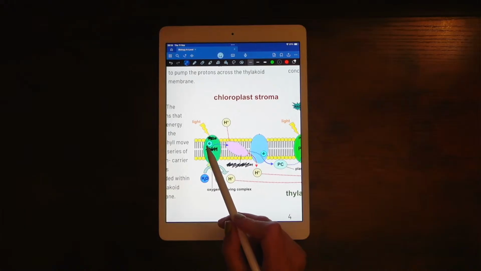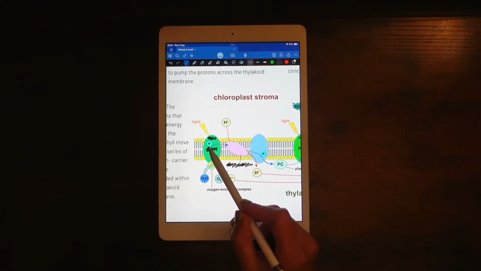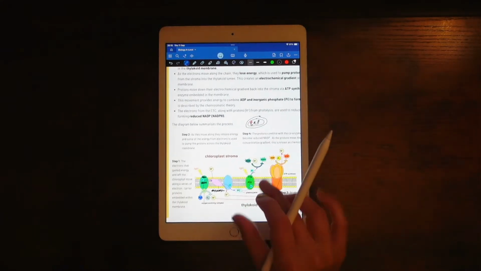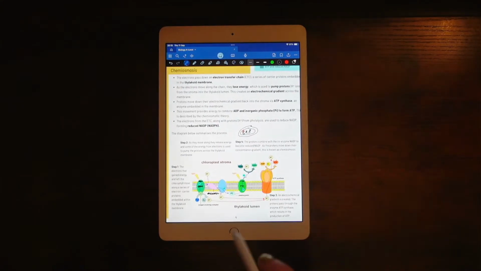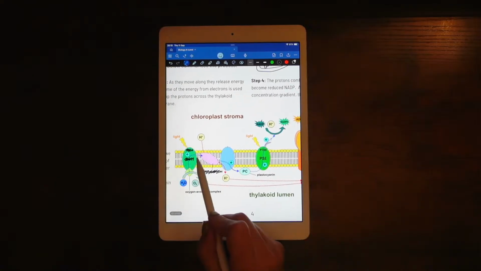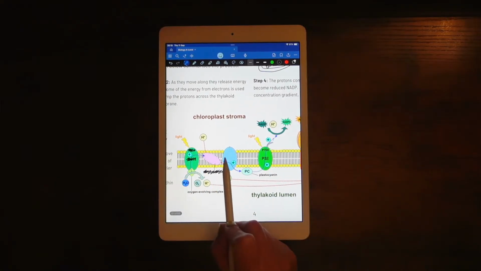Those electrons are replacing the electrons that are lost from the photoionization of chlorophyll. The chlorophyll electrons that were lost are moving from protein to protein to protein, and that is our electron transfer chain. They're being passed along this chain of proteins, and as they do that, they release energy.